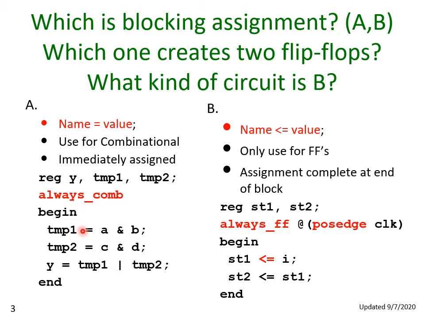Now, that's a blocking assignment. Non-blocking assignment is where the value is not available immediately. So if I take input I to this block and assign it to ST1, and then I have a statement where the value of ST1 gets assigned to ST2, the new value of ST1 caused by this assignment is not immediately available to this statement.